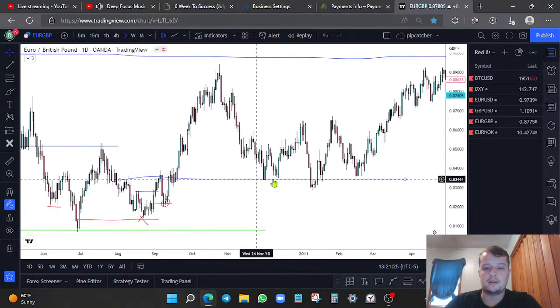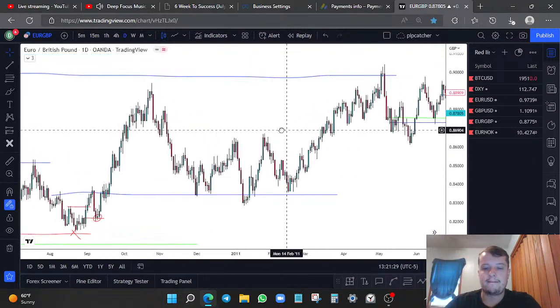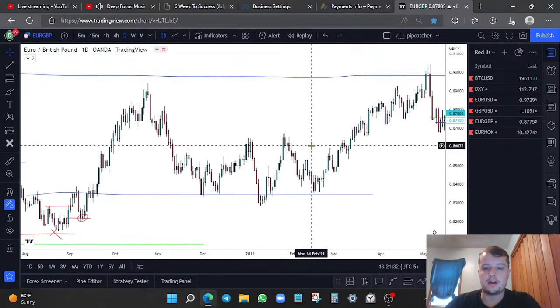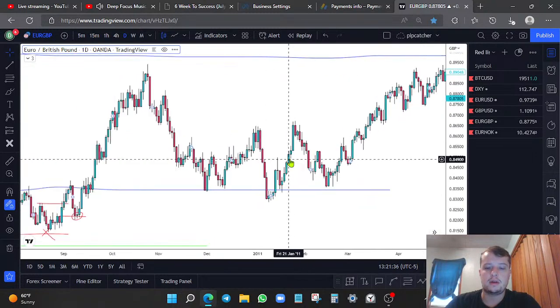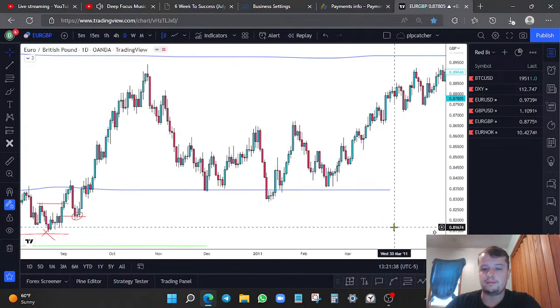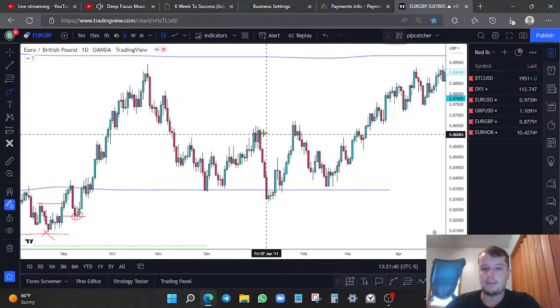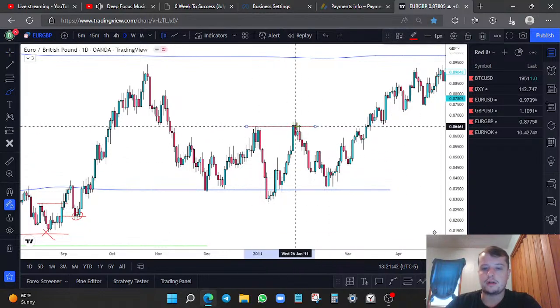This was our weekly point of interest. There's nothing super clean in this area, right? There's a minor break of structure here.